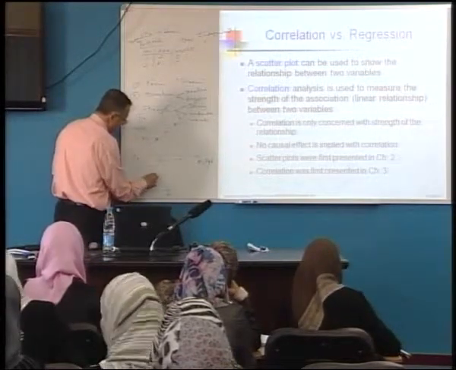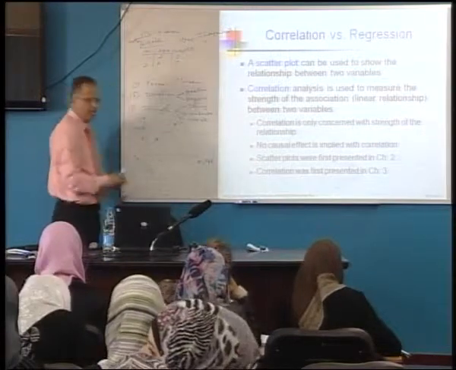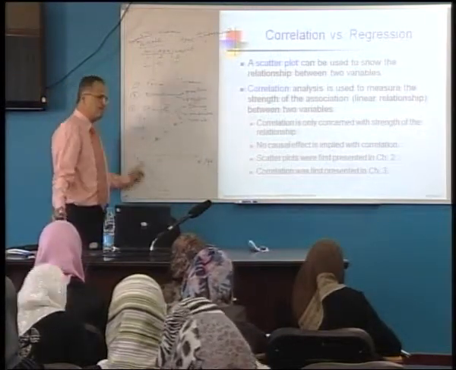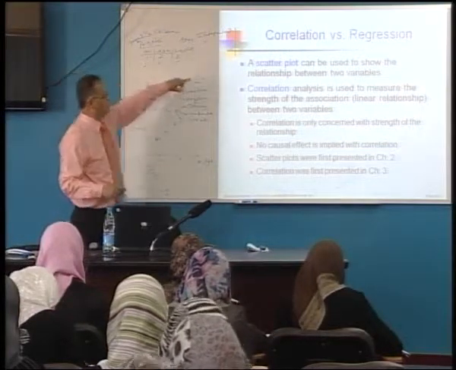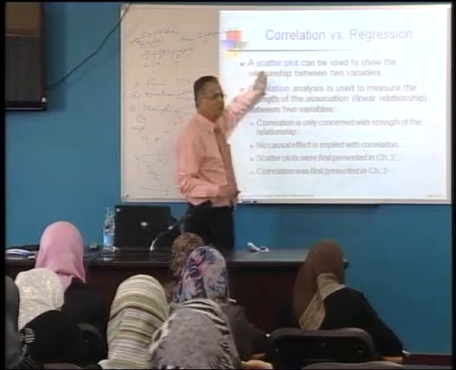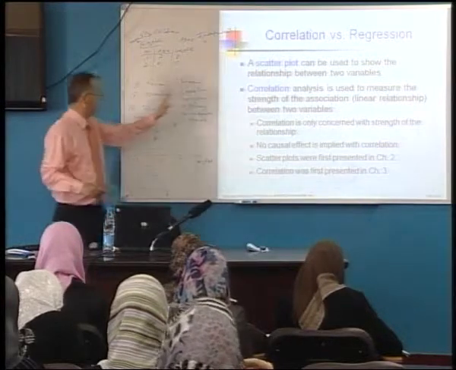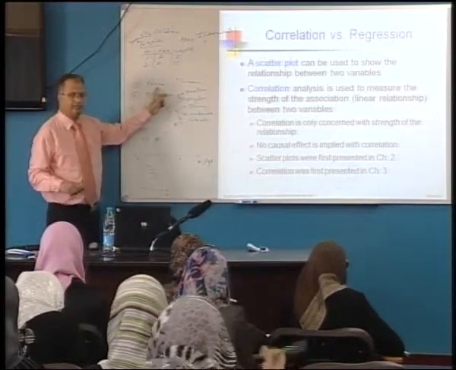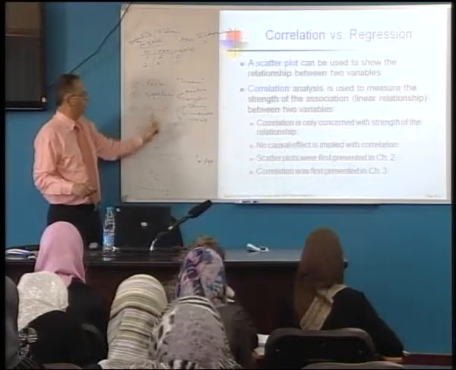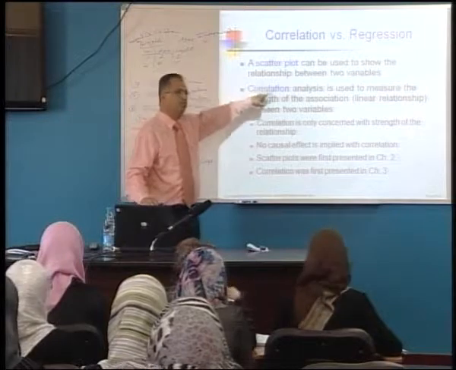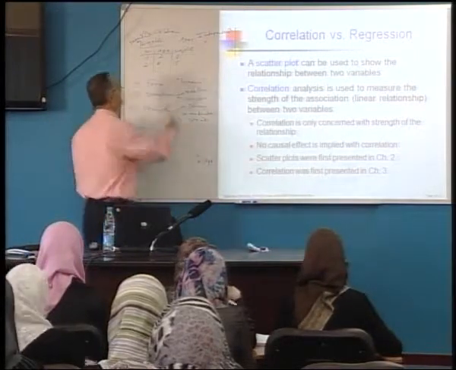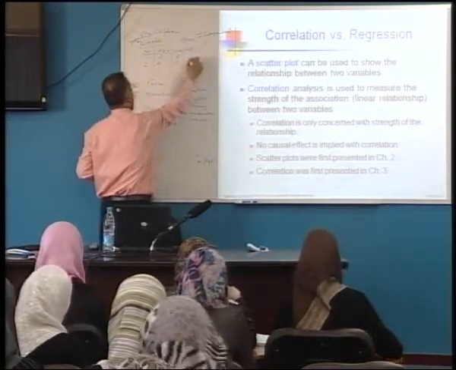So if the points are close, then we can say there exists a strong negative relationship. So by using a scatter plot, we can determine all of these: direction and strength. Now here the two variables we are talking about are numerical variables. So the two variables here are numerical variables.